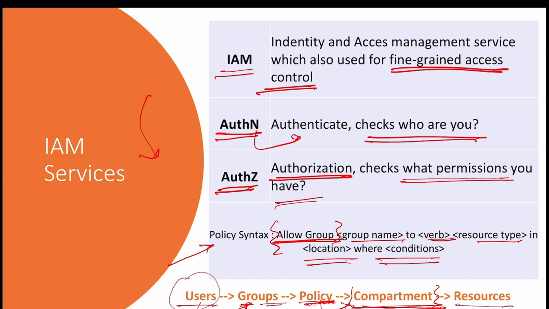So these users will have access to these resources this way. First, the user will be part of a group and the permission is defined in the policy. We assign those policies to the group and attach those policies to the compartment. Then these users will have the permission to these resources and they can access these resources.